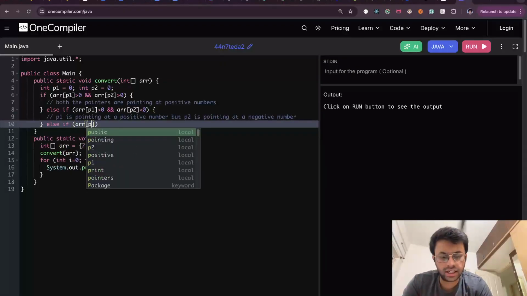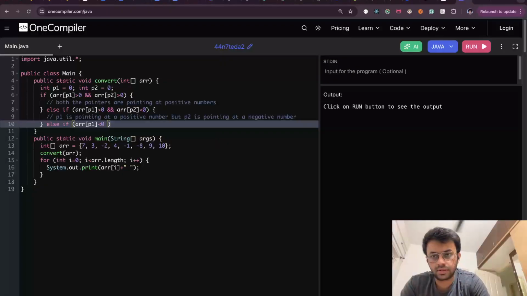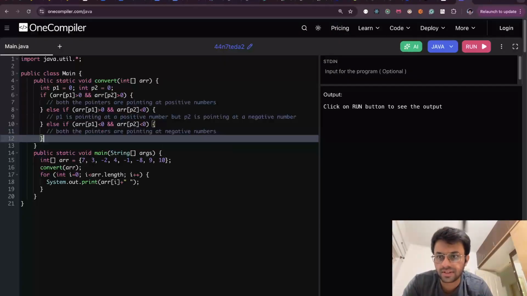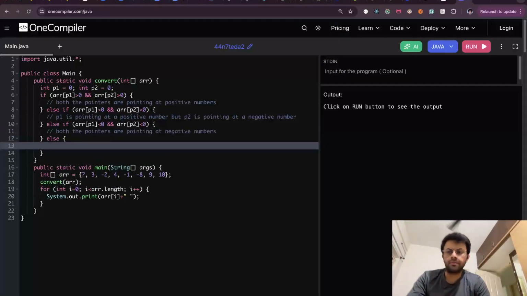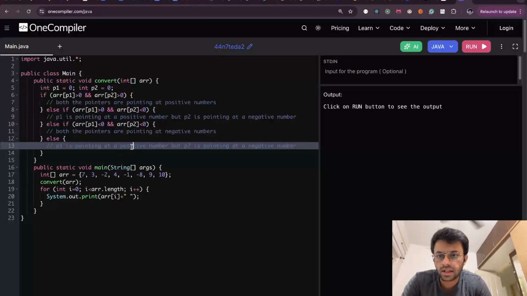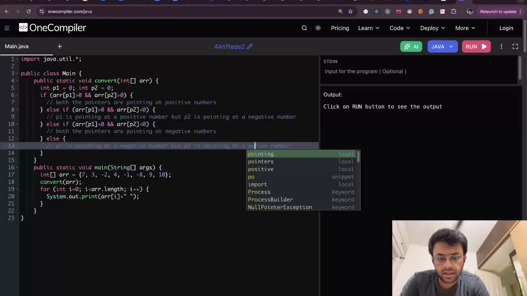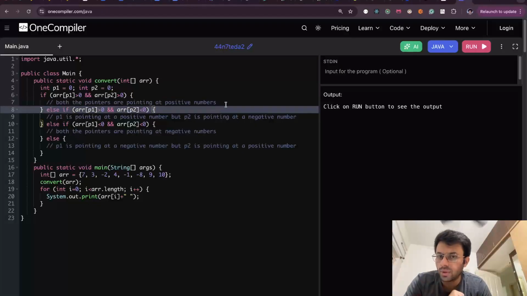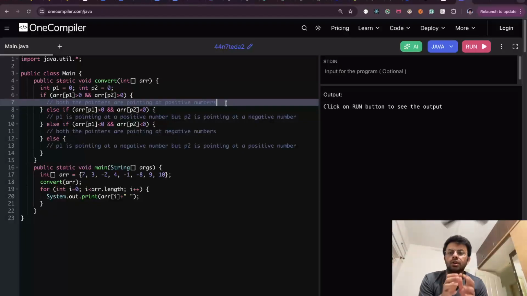Third condition is both the pointers are pointing at negative numbers. And the fourth condition is P1 is pointing at a negative number and P2 is pointing at a positive number. Now in these four conditions we have to do something. What I want to do is a very similar thing.